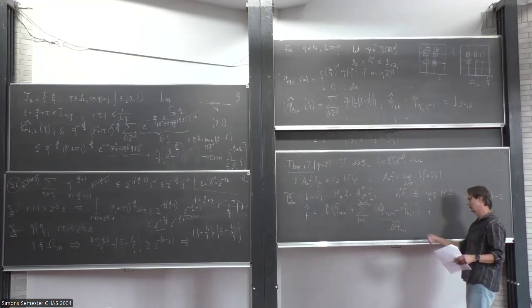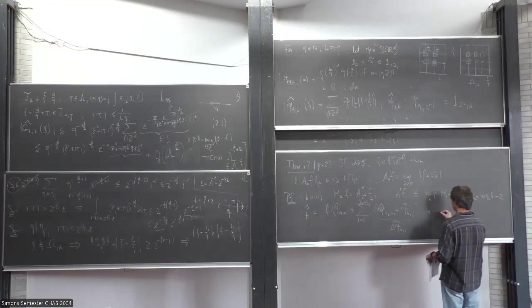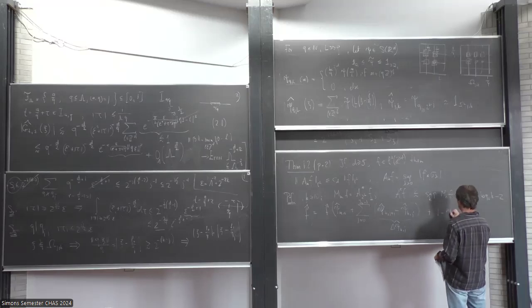So this is just a telescopic sum, and the last term is 1 minus psi k of j k.